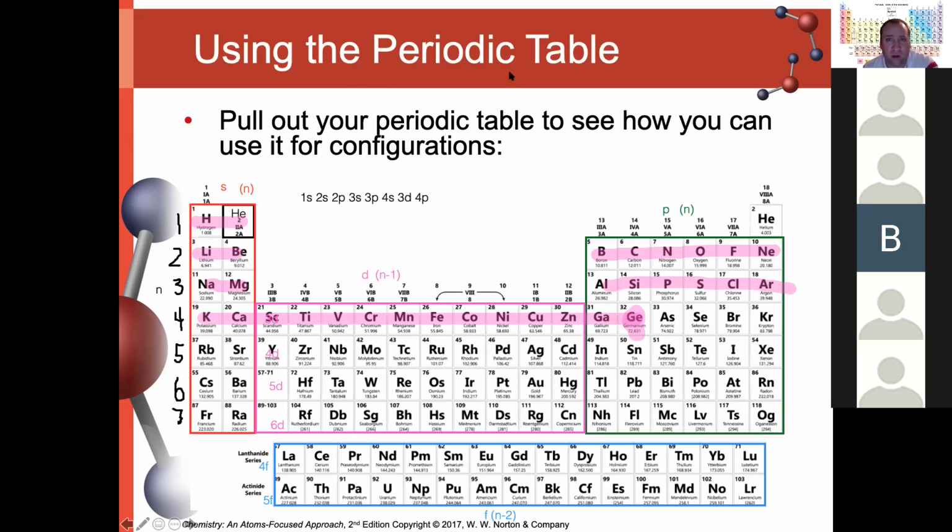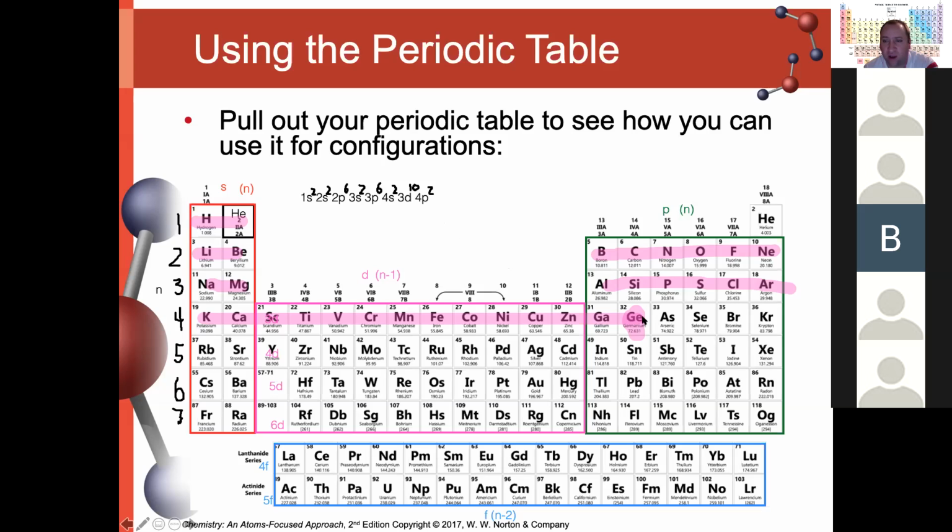And so if I look at 1s, well, that's 2. 2s has 2 in it. 2p has 6 in it. 3s has 2 in it. 3p has 6 in it. 4s has 2 in it. 3d has 10 in it. And then when I get to 4p, germanium is the second in this big block. So the last configuration is 4p2.